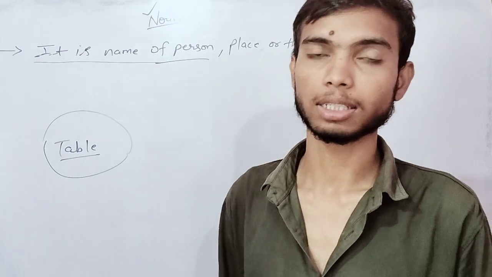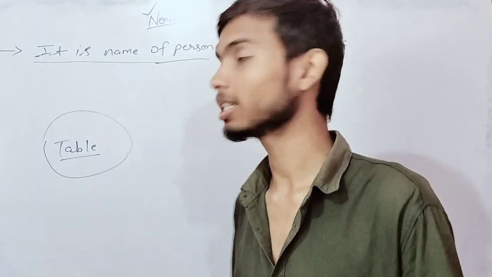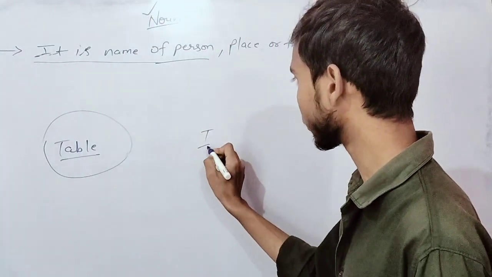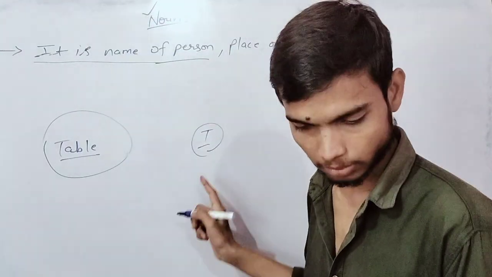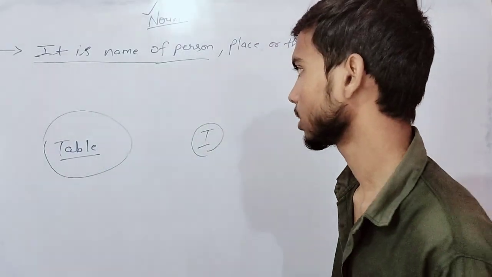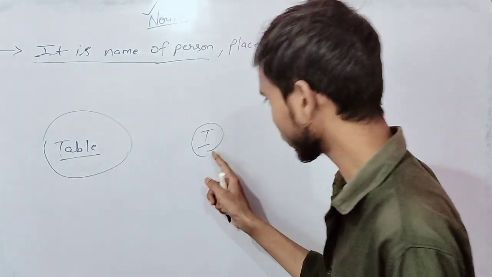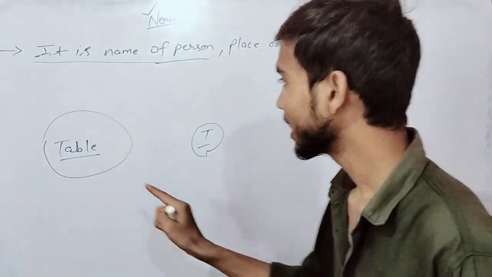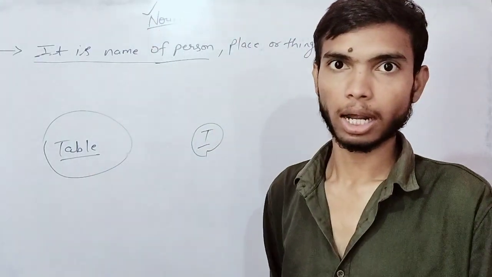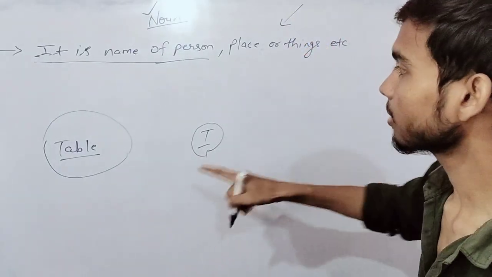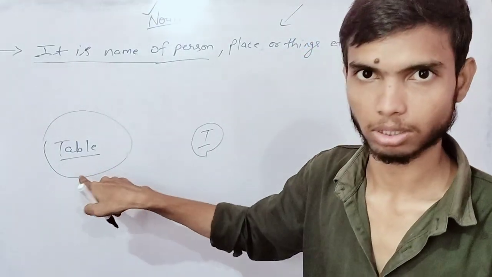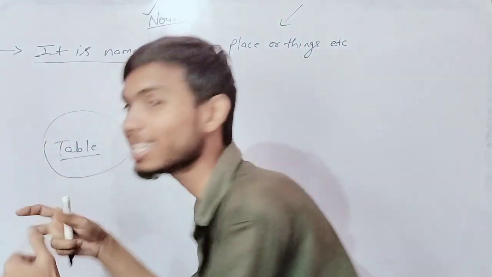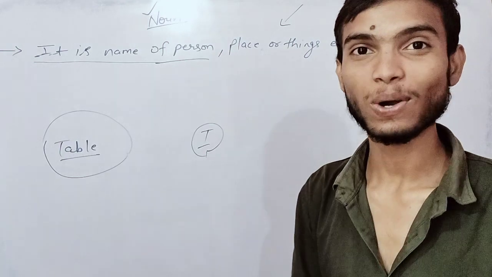Am I right? Yes. In your daily life, you say it is a word. I say, for example, this: I. It is also a word, but our focus is on this. A little information I would like to explain: it is a word, you know. And now here we are understanding the name of this word. What is the name of this word?